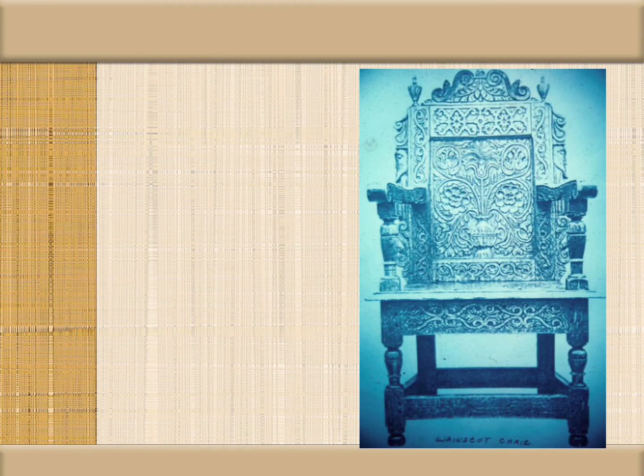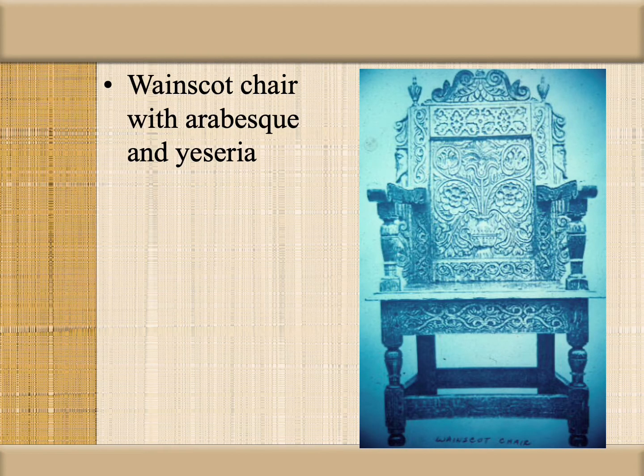And here's just another image. These are the Chambrana chairs specifically, but you can definitely still see that rush or rope-like seat and the ladder back with the pronounced upper rail. So this is a wainscot chair with an arabesque and yeseria pattern to it.